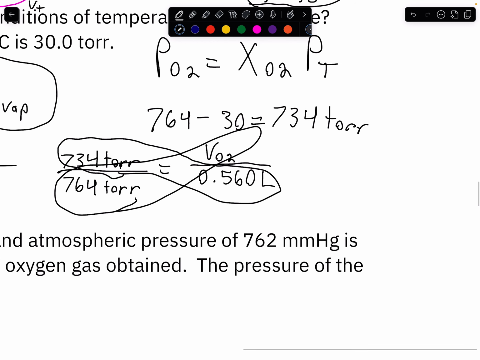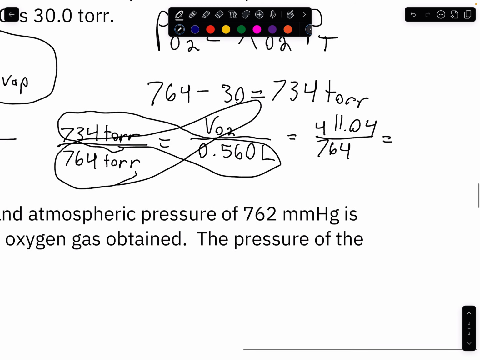So we will get 734 times 0.560, which is 411.04, divided by our 764.